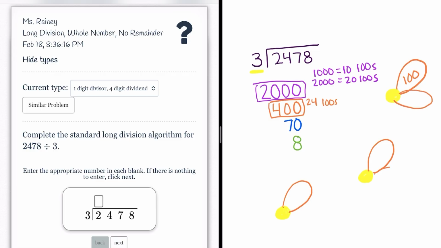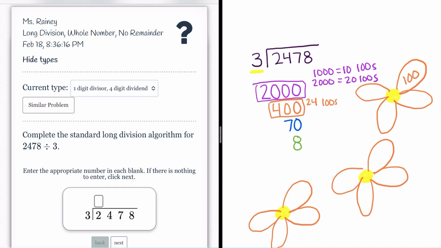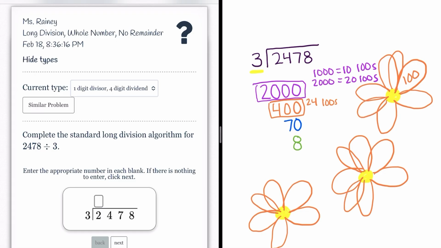So I've divided my 24 100s evenly between all 3 of my groups.